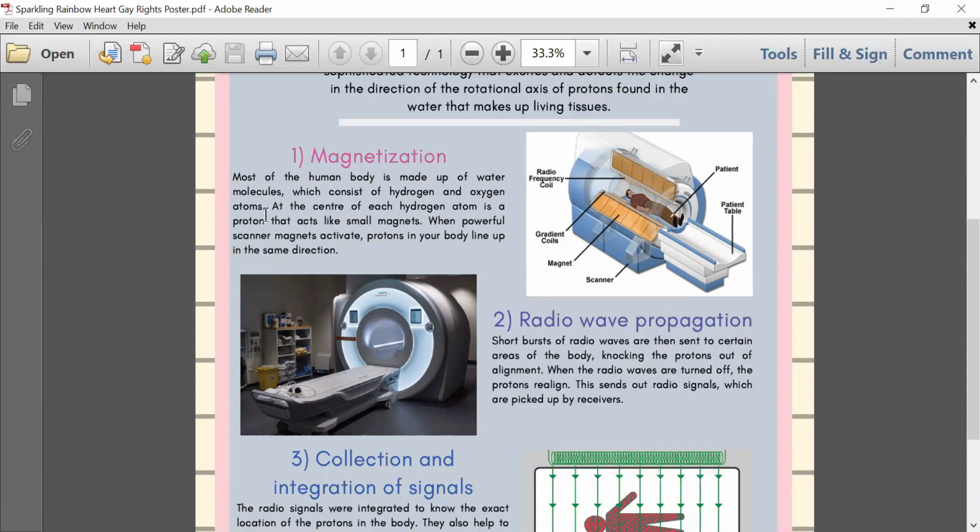I would like to explain this statement: why does our body have water molecules that act like small magnets? If you have ever seen the structure of water, it consists of two hydrogen atoms and one oxygen atom. The oxygen atom carries a negative charge while the hydrogen atoms carry a positive charge. This in physics is what we call a dipole, which means a difference of electrical charge, one positive and one negative.